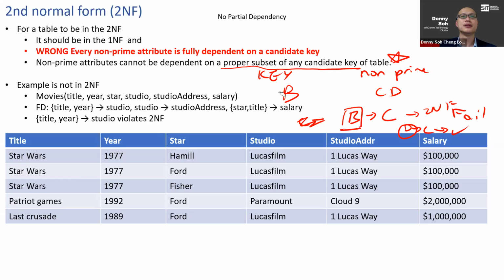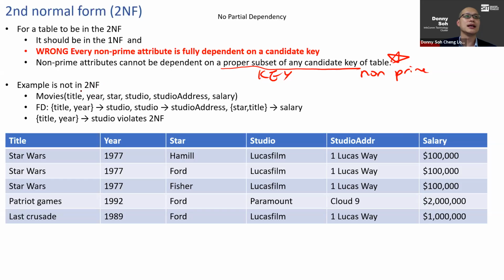So this example is not in 2NF. For example, let's say I have a movies table with attributes T, Y, S, U, A, L. I have TY implies U, U implies A, and ST implies L. I remember last time we talked about finding the primary key.